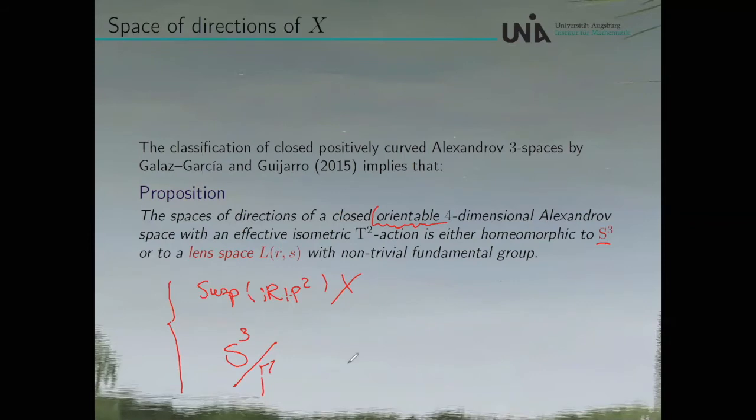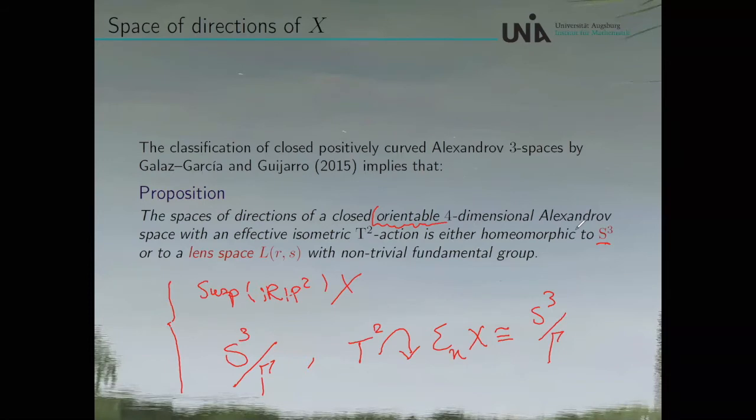Why? Because T2 also acts effectively on the space of directions. And so it is a cohomogeneity 1 action. And if we look at the classification of cohomogeneity 1 actions on three-dimensional manifolds, we see that only the lens spaces and S3 admit such actions.